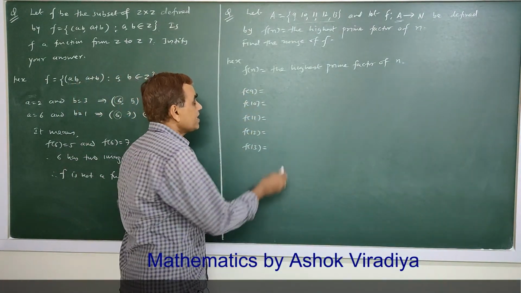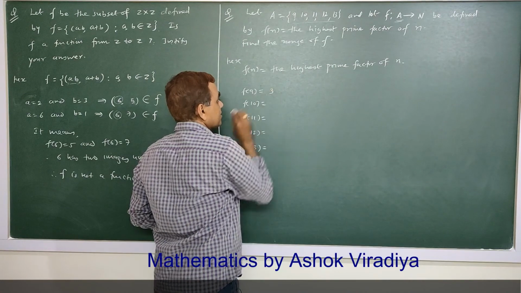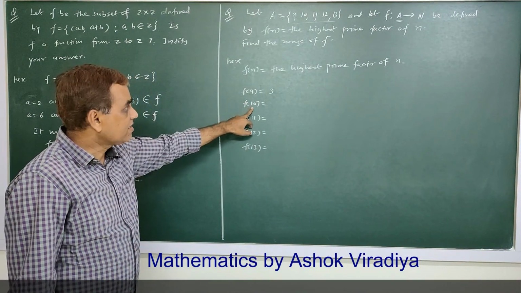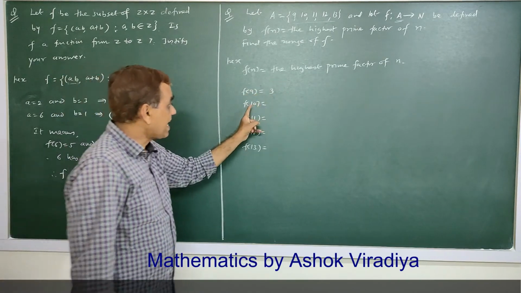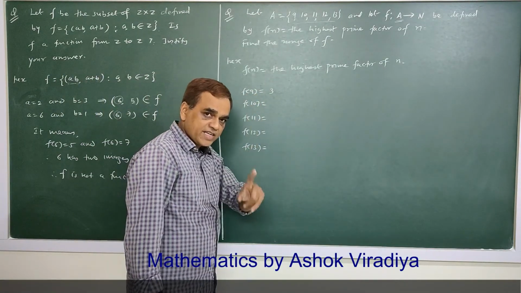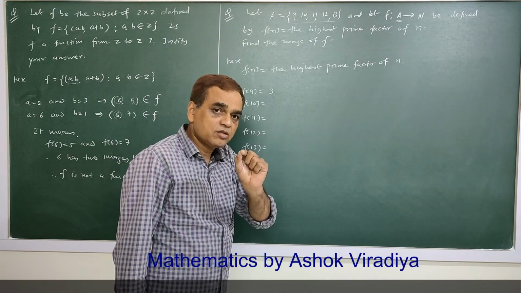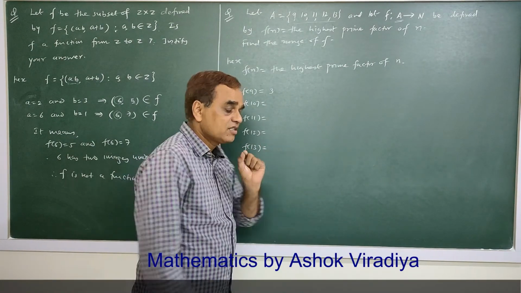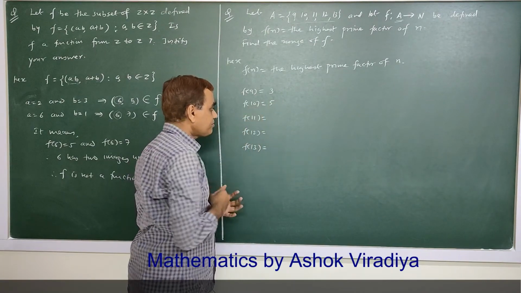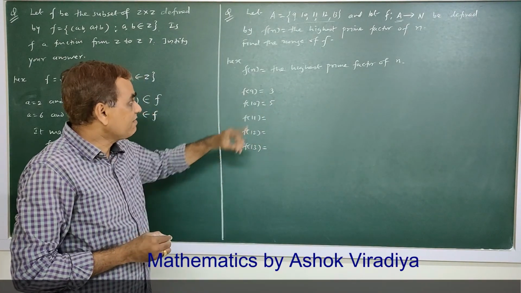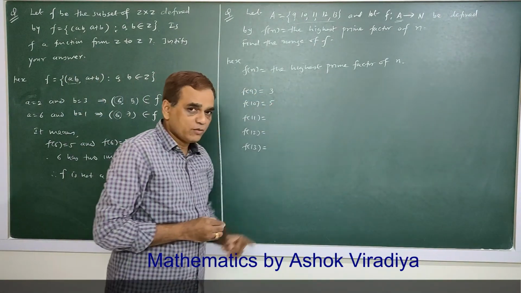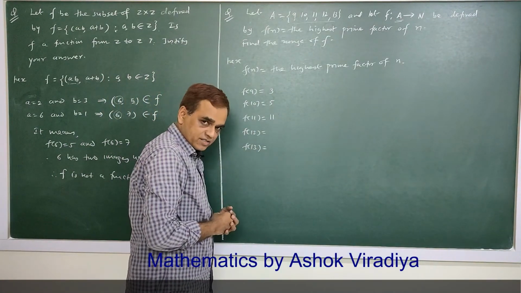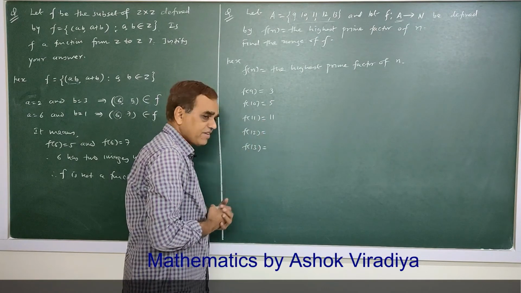So f of 9 is 3. f of 10, highest prime factor of 10. 10 has 2 prime factors, 2 and 5. And which is highest? Highest is 5. f of 11, highest prime factor of 11 itself. 11 is a factor of 11 and it is the highest prime factor.